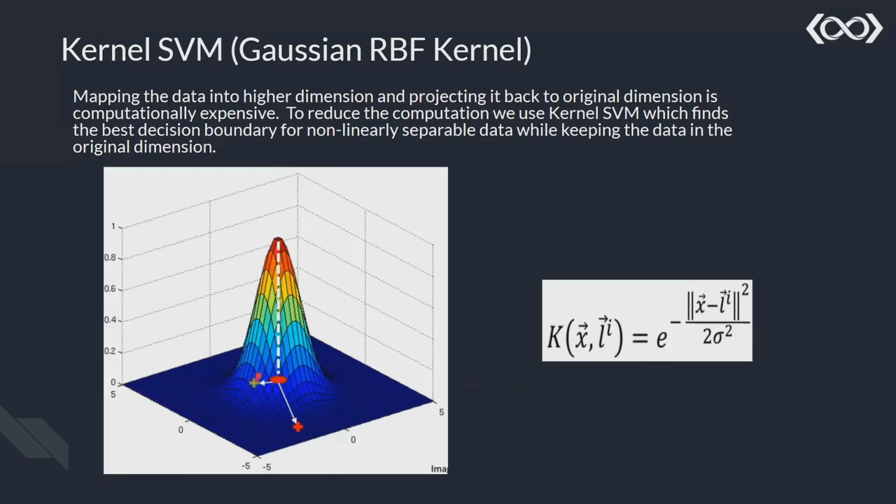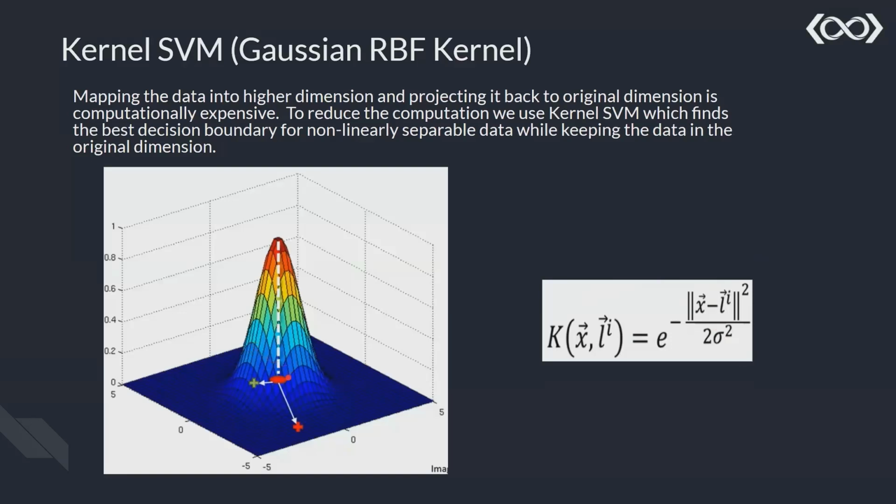And let's take an example of this green point. It is somewhat close to the landmark. So for some constant sigma, this is a small value. So 1 upon e to the power something small will not be 0, but somewhat greater than 0, let's say 0.2. So at this point I get the z coordinate as 0.2.